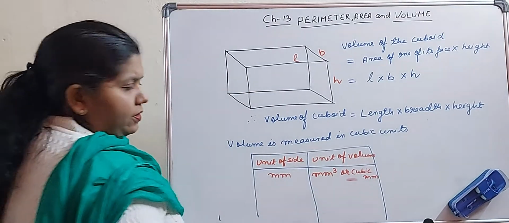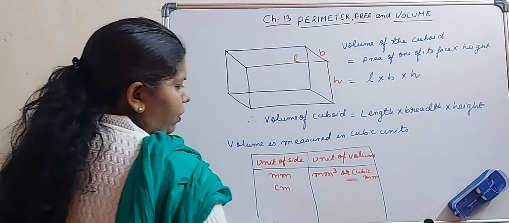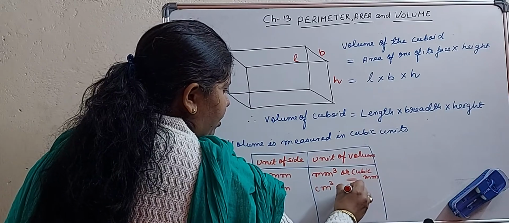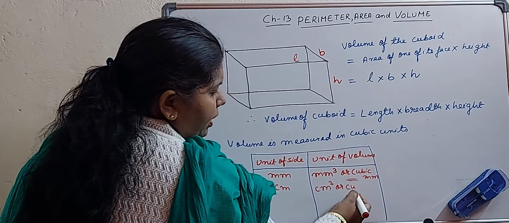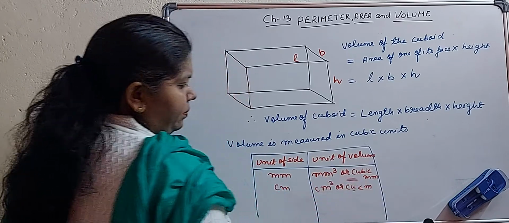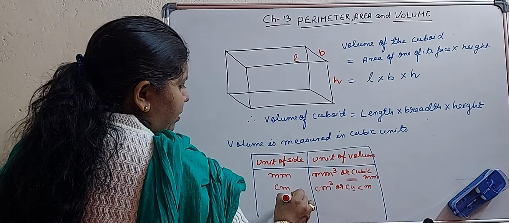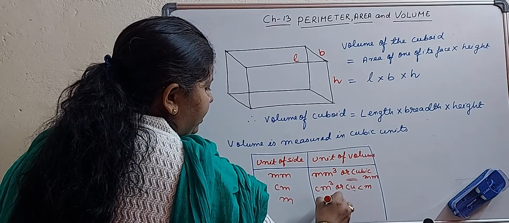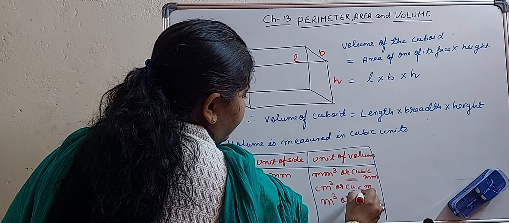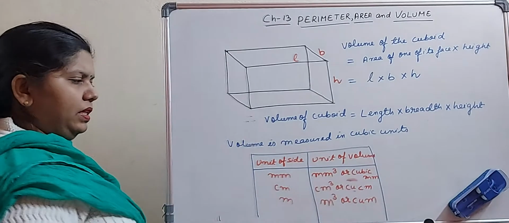Suppose the unit of side is centimeter, cm. Then the unit of volume will be centimeter cube or cubic centimeter, shortcut cu cm. For meter, it will be meter cube or cubic meter, that is cu m.